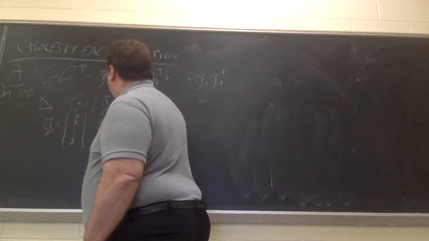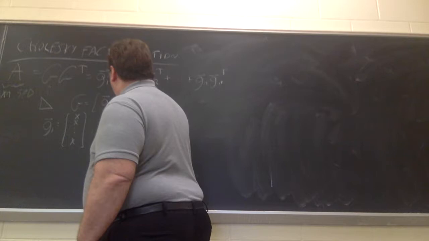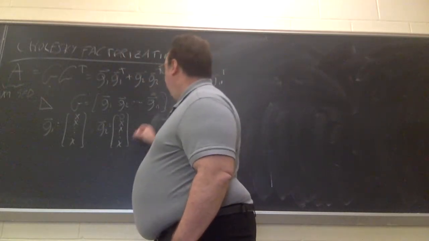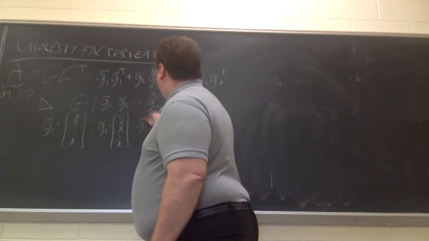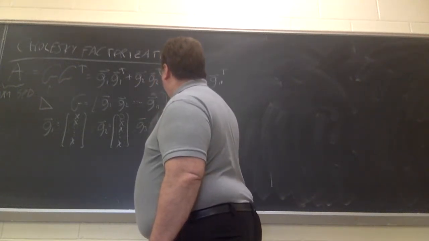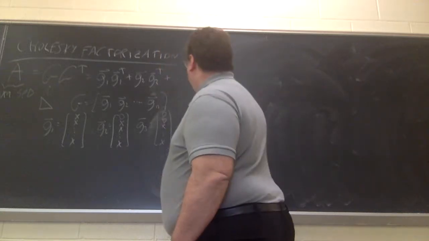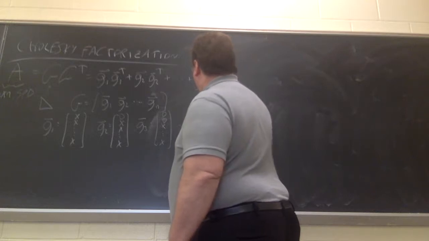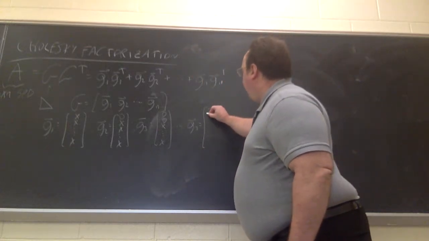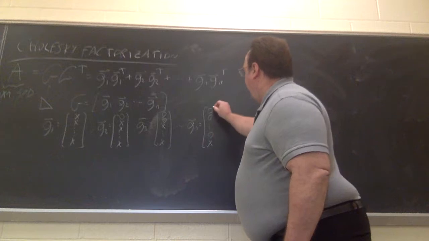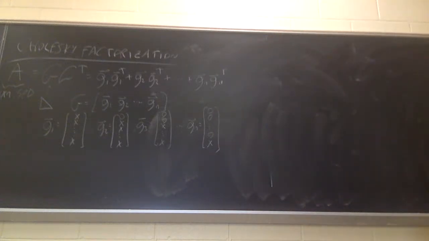So G1 can be entirely non-zero, but G2 has to have a 0 at the top, then keeps going from there. G3 would have the first 2 entries must be 0. And it keeps on decreasing all the way to the last column of G, which is entirely 0 except for 1 entry. Okay, so that's going to be a key point in ensuring the efficiency of this algorithm.